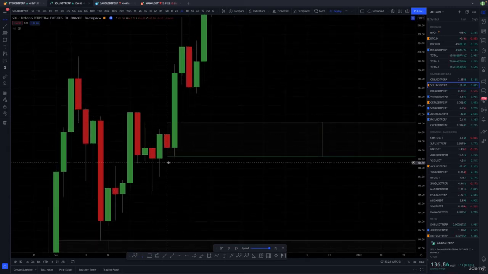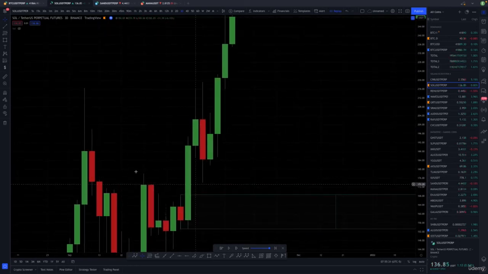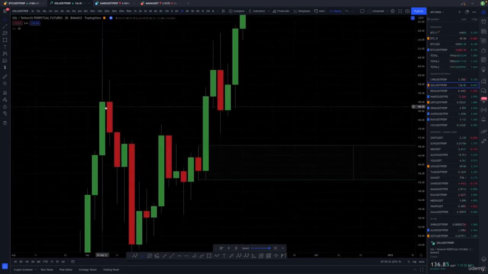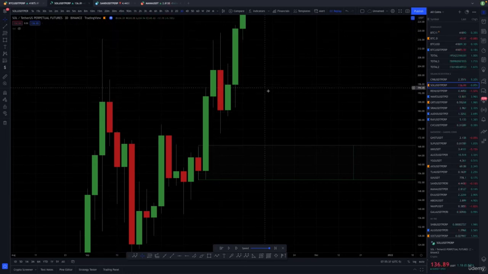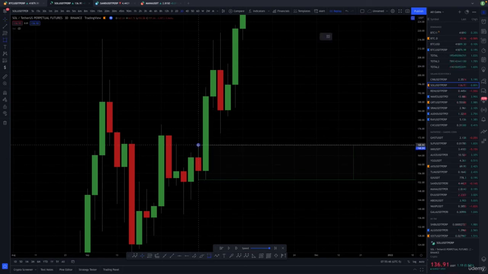But why have I chosen this area? Because this is the last down candle, the red candle, before the price moved up and broke the structure, right? You can see many higher highs were broken. Even this structure was broken at the top. You see this wick. And what are the other rules? Is there any imbalance area? Well, yes, after this red candle we see this area of imbalance that was not filled.